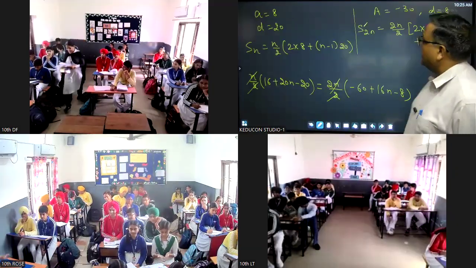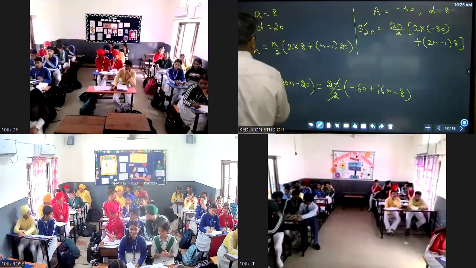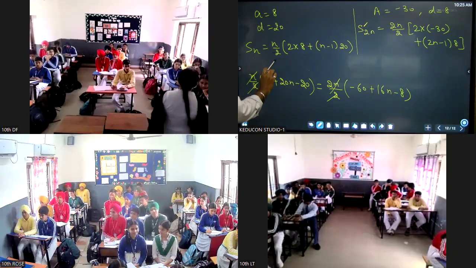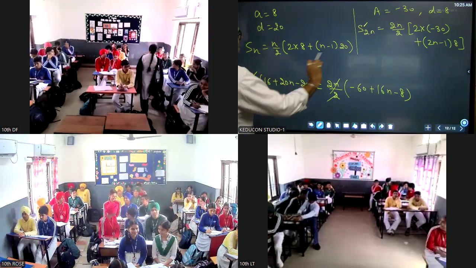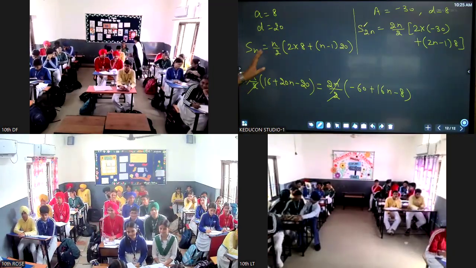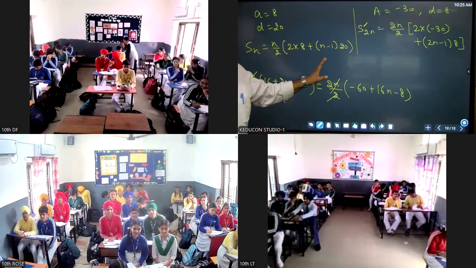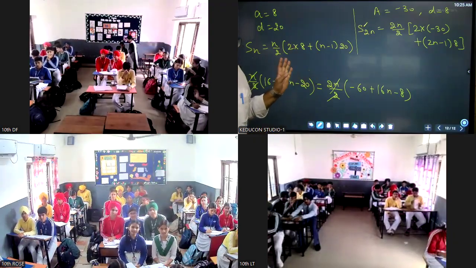Sn का जब फार्मूला लगाया तो ये Sn क्या हो गया? Sn इक्वल टू n बाय 2, 2a प्लस n माइनस 1 इंटू d. फार्मूला लगा दिया बच्चों यहां तक? इज दिस क्लियर? यस सर.